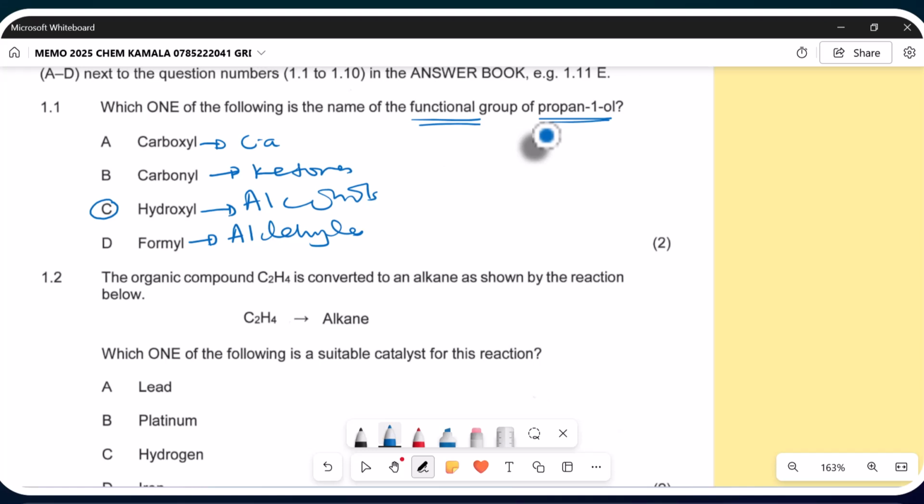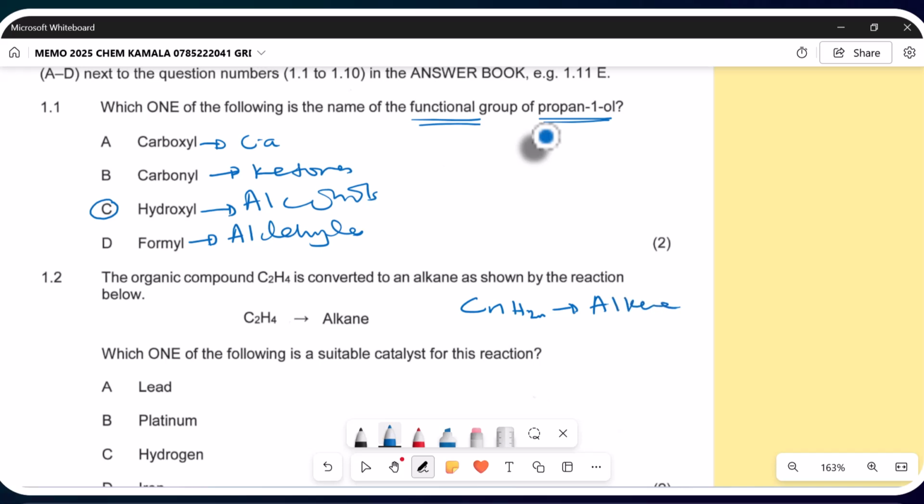Okay, 1.2. The organic compound C2H2 is converted to an alkane as shown by the reaction below. So this C2H2 conforms to CnH2n-2, so it is an alkyne.